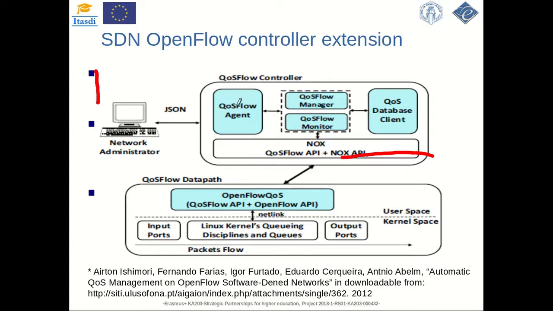consists of quality of service flow agents which communicate with JSON with the network administrator, and the administrator communicates with this controller, which inside has a manager, monitor, and QoS database for clients. It uses the QoS Flow API and NOX API to communicate with the data path, and the switches and routers given here.